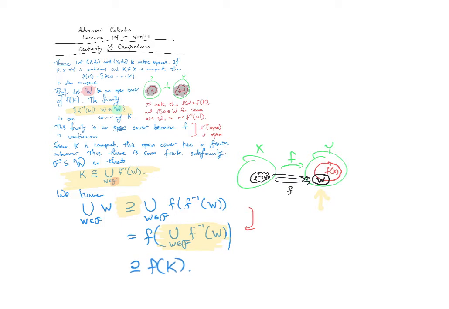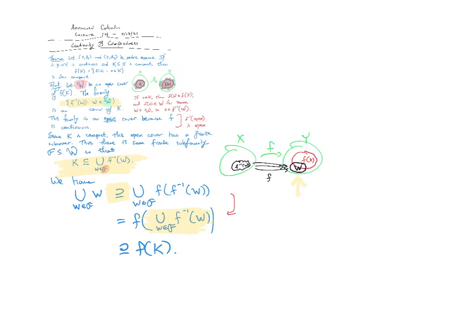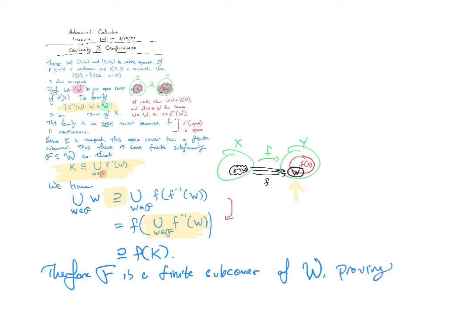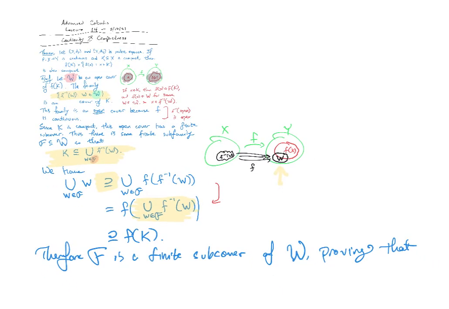That's it. That's what we wanted to show. So F is a finite subcover of W. And that proves that the set of images, f of K, is compact.